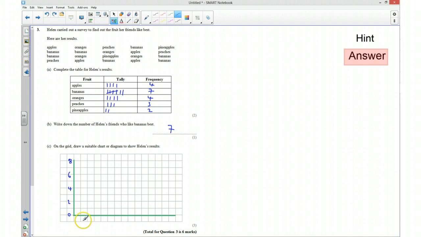And then along here I'm going to have my different bars. So I'm going to have apples, and I draw a bar for apples. That's going to be a bar of 4.